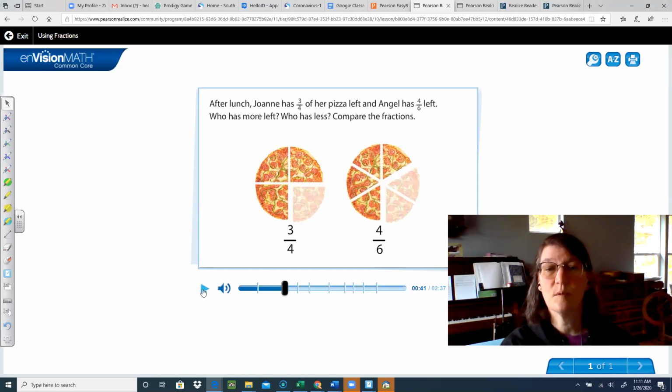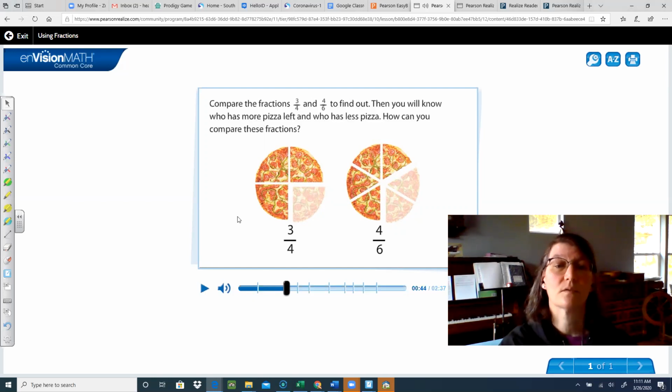Okay, so ladies and gentlemen, they're asking us to decide which is more, which is less, 4/6 or 3/4. Remember, our alligator is going to eat the smaller amount.